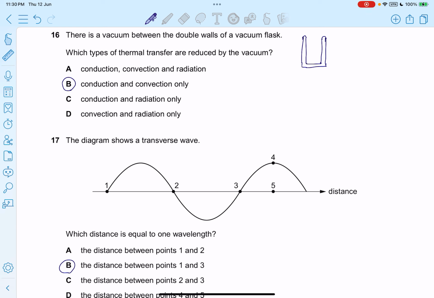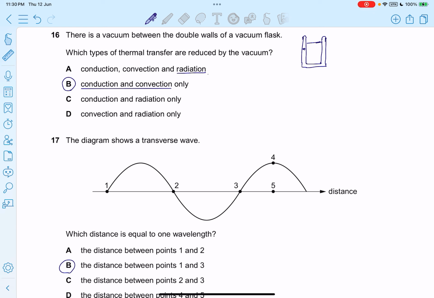By having a vacuum between the two walls, the energy from here cannot be conducted, or through convection they cannot be transferred. So conduction and convection are reduced by having the vacuum. So B is the correct answer.